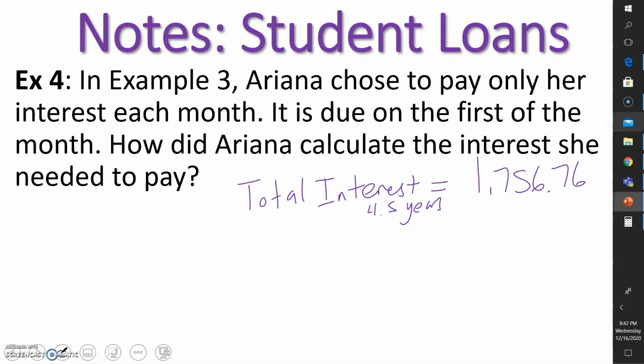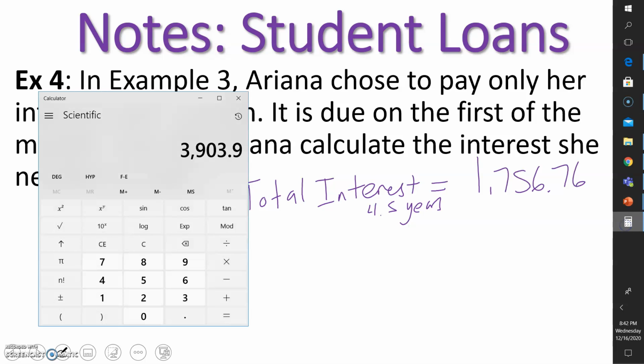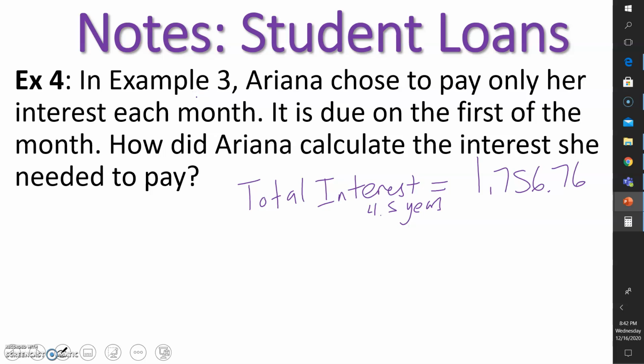She has 4.5 years to pay this. 4.5 years is how many months? There are 12 months in a year, so she has 54 months.